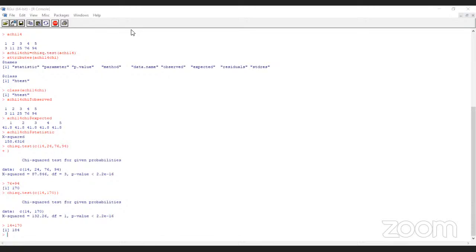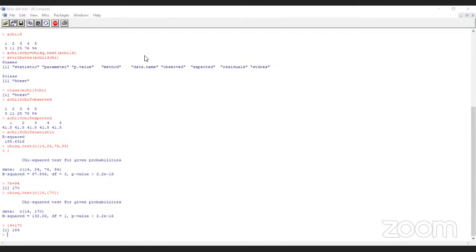And again, the observed frequency must be above 5.